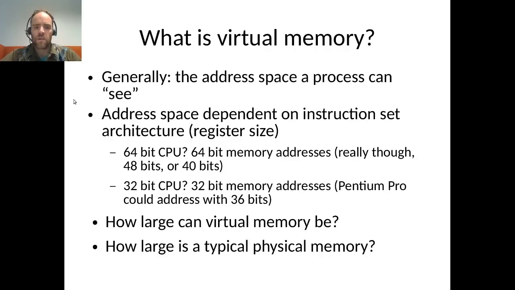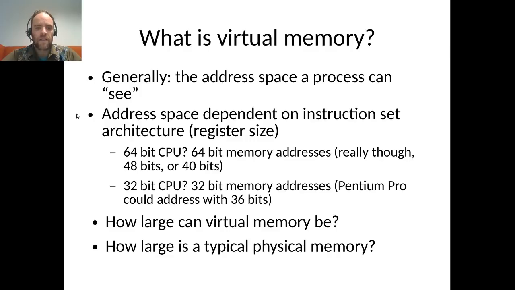So to start off, what actually do we mean by virtual memory? Virtual memory is generally understood as the address space that a process can see. So the addressable memory locations within a process's memory space.